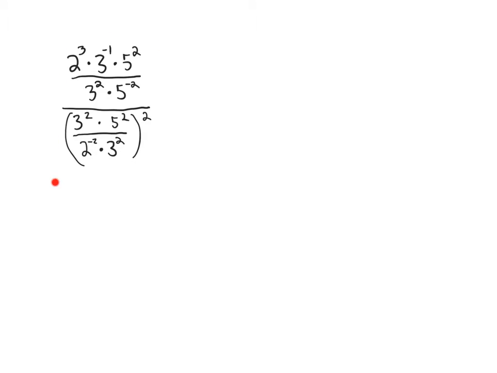Our end goal is to write this so that there are no negative exponents anywhere, and it's written as much as we can as one fraction of numbers. All right, so let's go ahead. So let's square the bottom first, so the top stays the same.